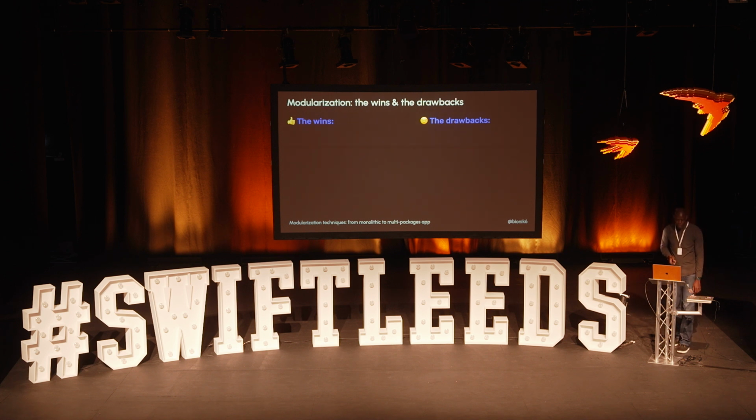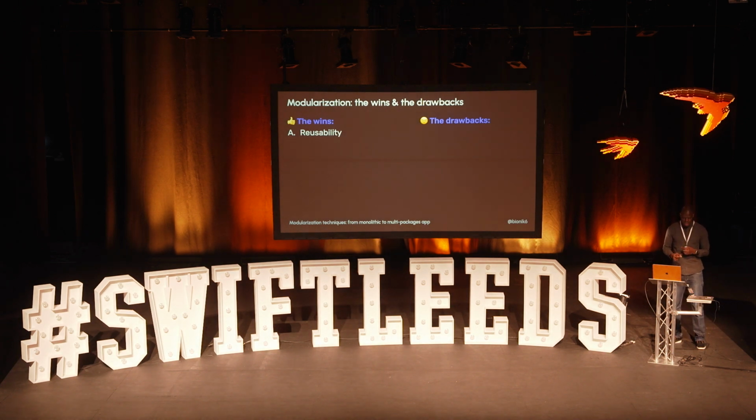Okay, now let's talk about the wins of modularization. The first win, we have reusability. Think of the slide I showed you, where we have the separate layers. For instance, when we take the networking layer, we can extract that into a package, okay, that we can reuse on upcoming projects again and again.